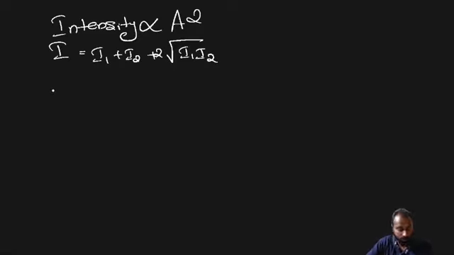When cos phi is 1, we can write A max is just the mod of A1 plus A2.